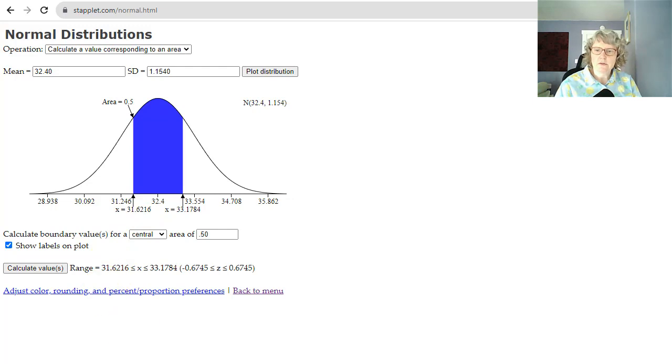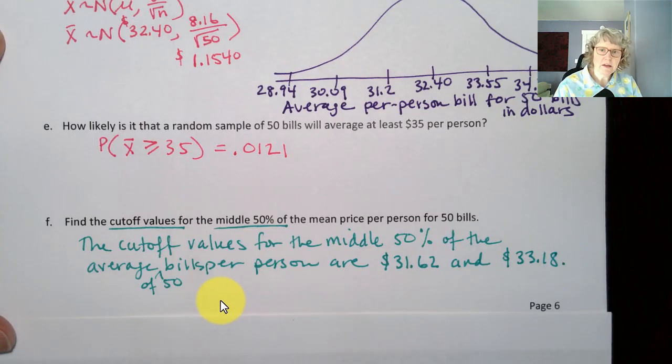Okay, the cutoff values for the middle 50% of the average of 50 bills per person are $31.62 and $33.18.